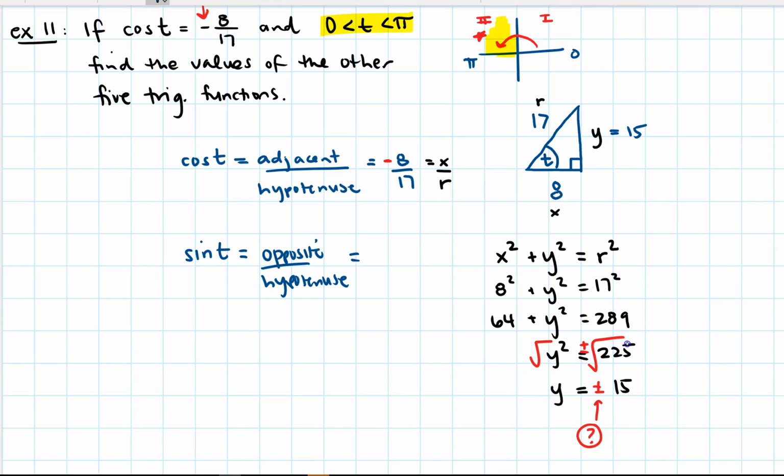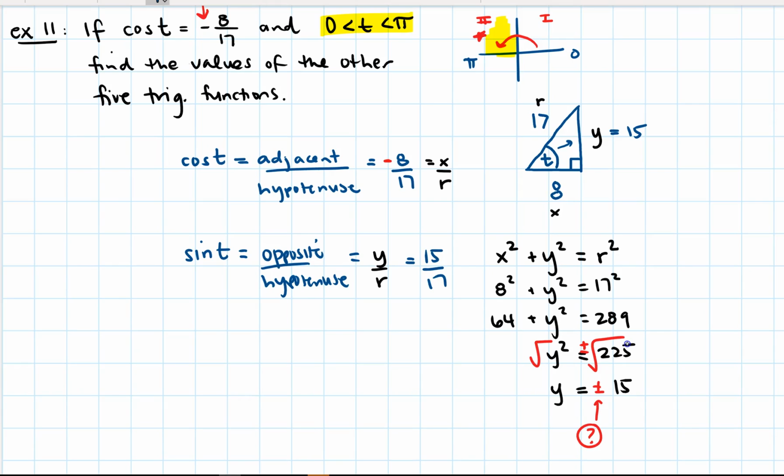And if you'd like to relate it to y's and r's, that would leave us with y over r. So in our case, we look at our triangle that we have just drawn, and we look at t. The side opposite is 15, and the hypotenuse, which is r, is 17.